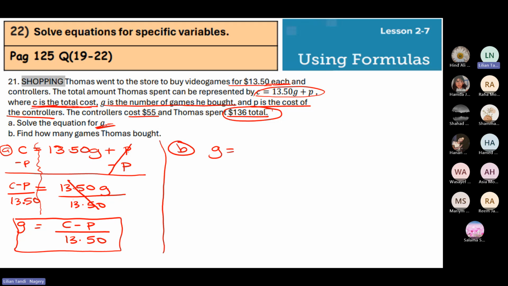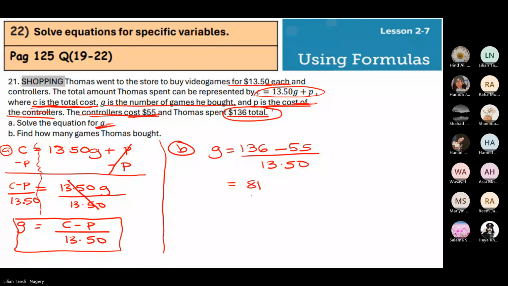It says here, total cost is C. So that is 136 minus P. P is the cost of what? The cost of controllers. And here the question told me the controllers cost $55. And then I have to divide by 13.50. And this gave me 81 over 13.50, and this gave me 6.